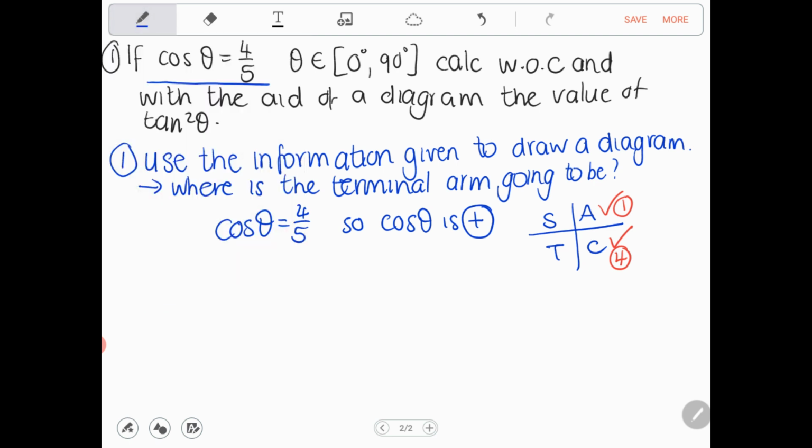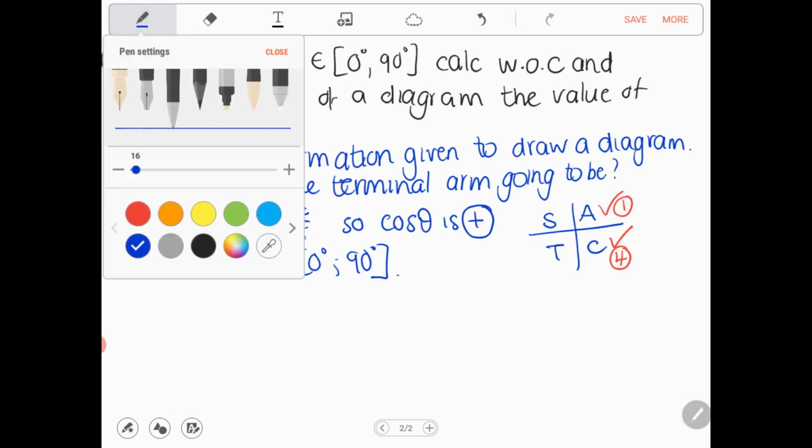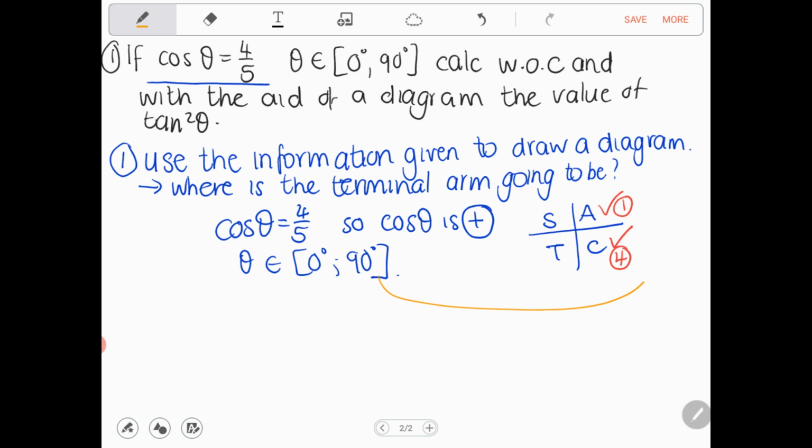Because I can't work in two quadrants. They've told me that theta has to lie between 0 and 90, which means that it has to be in quadrant 1, because that's from 0 to 90. So this is where the two pieces of information overlap. So my terminal arm is in quadrant 1.